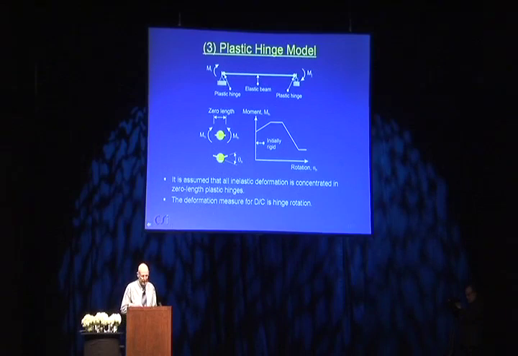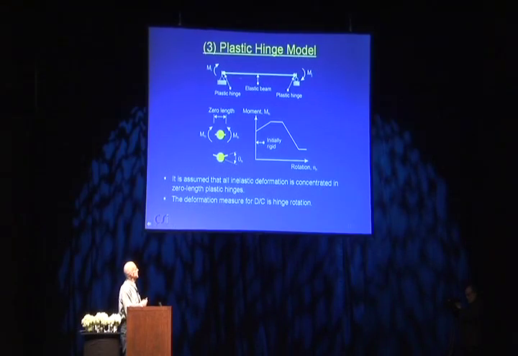Then you push it back the other way, it locks up instantly, and then it'll rotate in the other direction. It's almost exactly like a rusty hinge. So it's initially rigid, and then it becomes nonlinear. The key point is you assume in this case that all of the inelastic deformation is concentrated in these hinges. This is an elastic beam, so you have concentration in the plastic hinges.